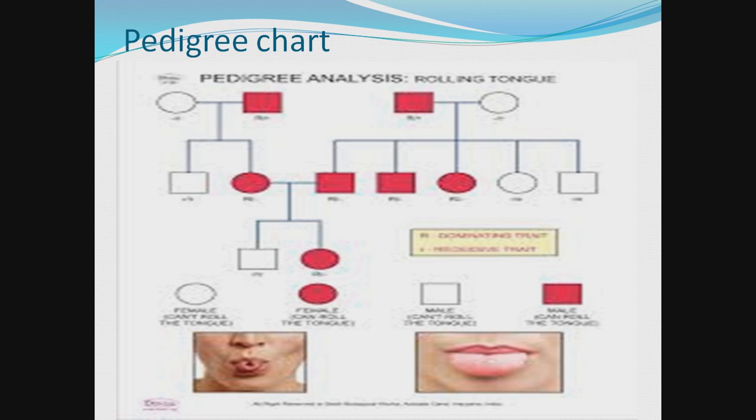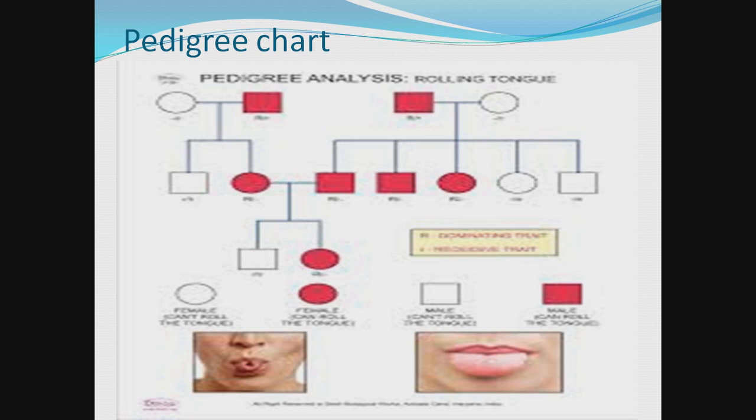Always in the pedigree chart, the circle represents a female and the rectangle or square represents a male. When it is shaded, it is the affected one, affected by any disease or character which we are taking. If it is blank, then it is a normal one.